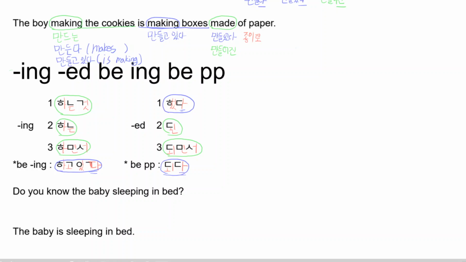I'll give you an example. If we have making, what does it mean? According to the context, it could mean first, 만드는 것, second, 만드는, third, 만들면서.